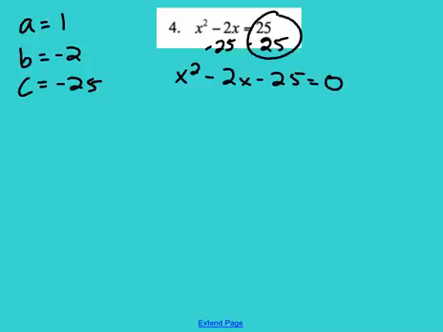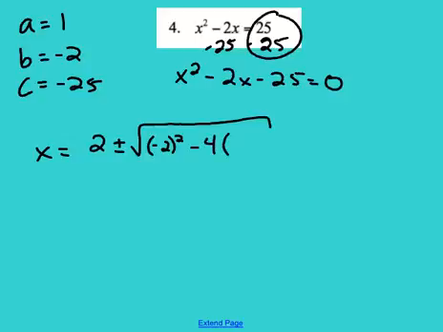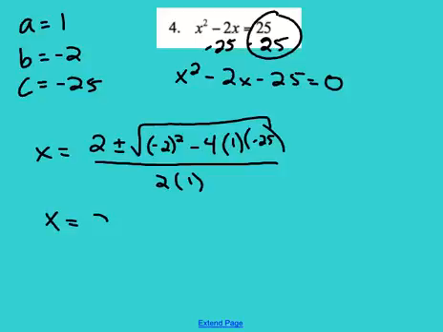My equation is x equals -b plus or minus the square root of b squared, so -2 squared, minus 4ac, so minus 4, a is 1, c is -25, divided by 2a. 2a is 1 times 2, so I could have just written 2 there, but that's alright.